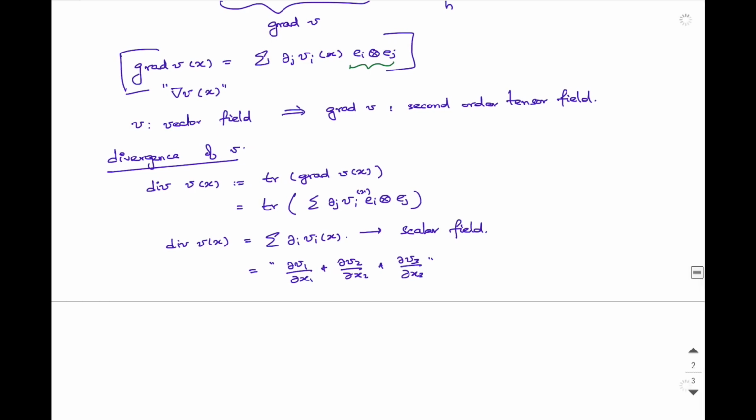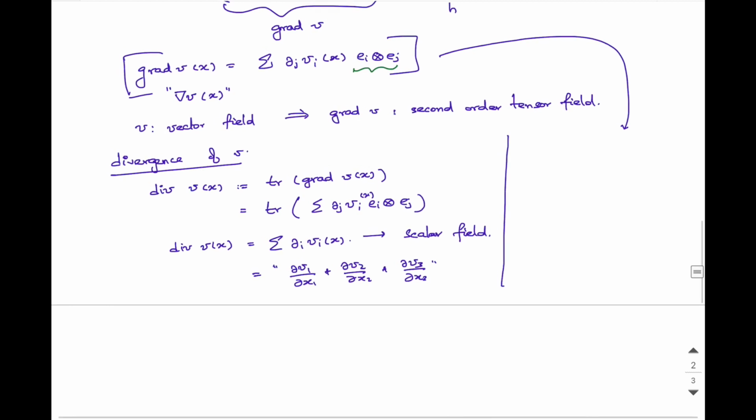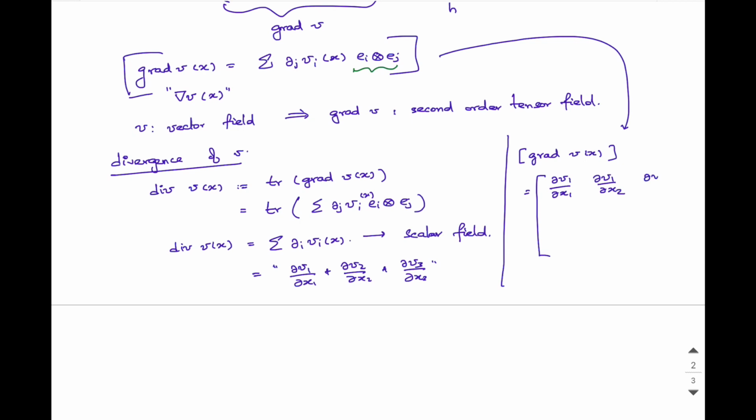And while on this, if you look at the gradient itself, the gradient can be written in matrix form as follows. If I look at the matrix expression for the gradient of v at the point x, this can be written as the partial derivative of v1 with respect to x1, the partial derivative of v1 with respect to x2, the partial derivative of v1 with respect to x3, and so on.